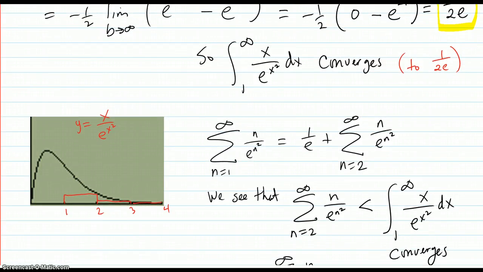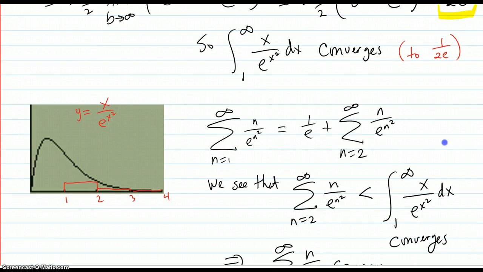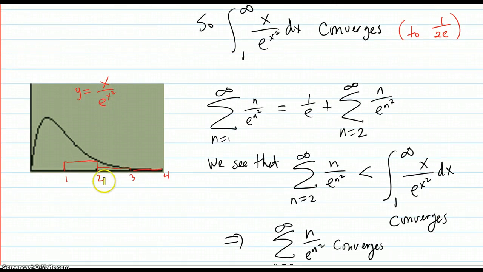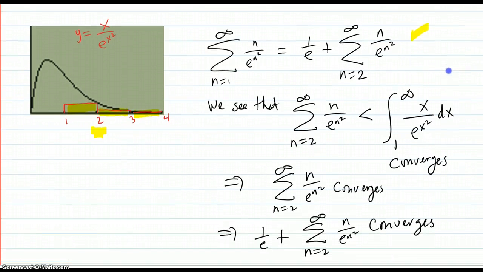Now we draw our picture, y equals x over e to the x squared, and we notice we're going to do a right rectangle because we're going for convergence, and so we have to start the series at 2. So we burn off one value, plug in n equals 1, you get 1 over e to the first, which is 1 over e, and so you have the series equal to this.